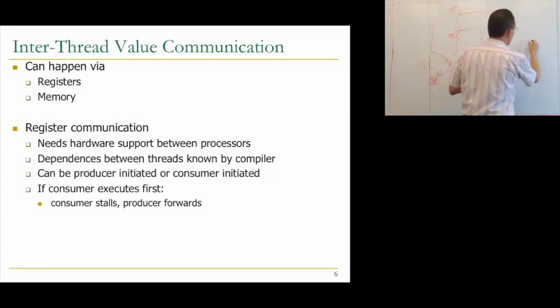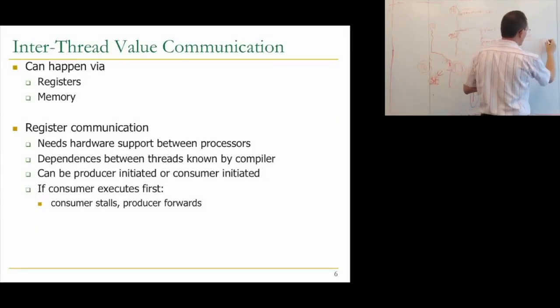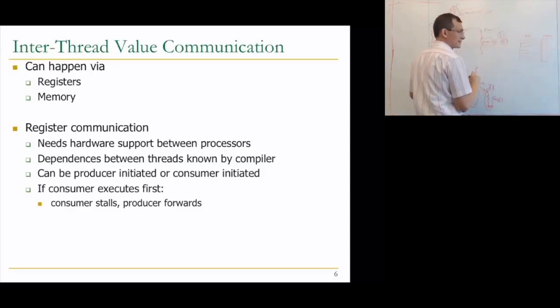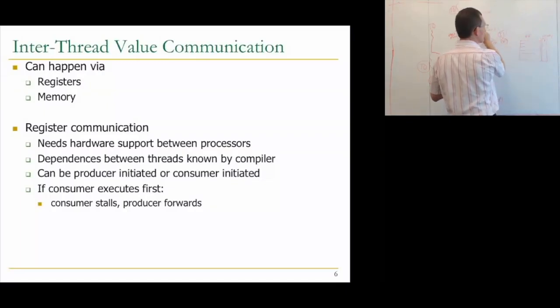So how do you know whether or not the value is ready? Well, basically, you can communicate with the register file, and the register file can have ready bits, right? For each register in the register file, you can add a ready bit for that particular thread, in the hardware, and the ready bit is set if the value is available.